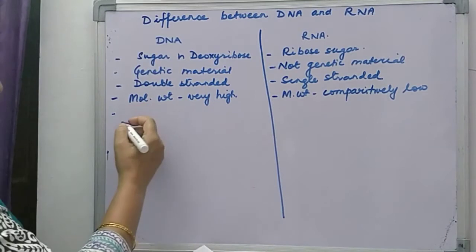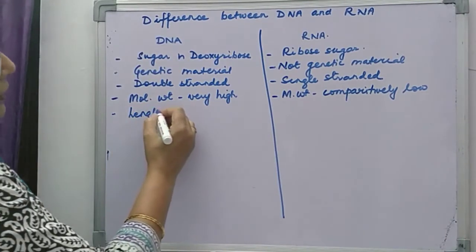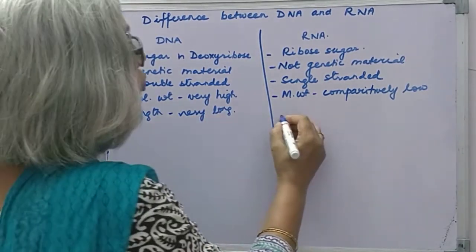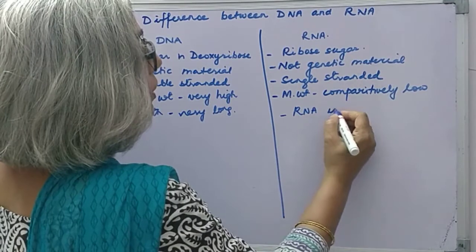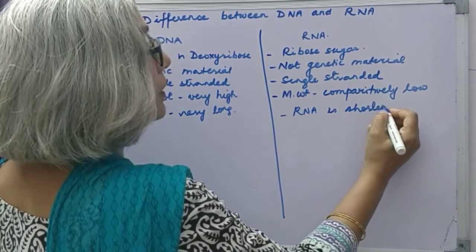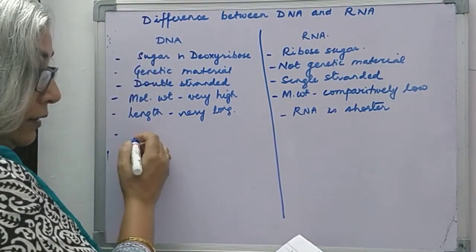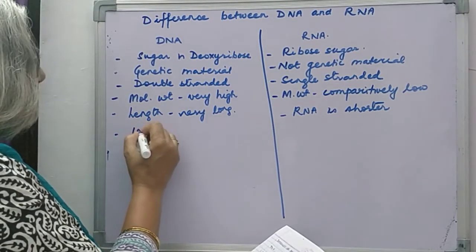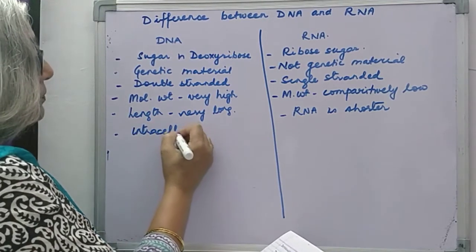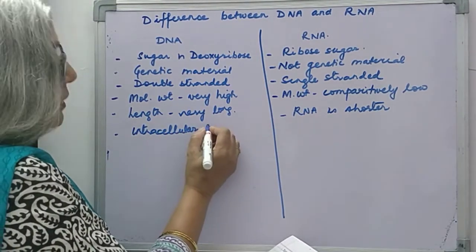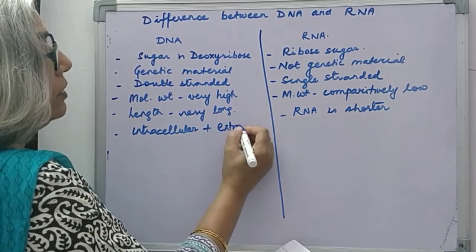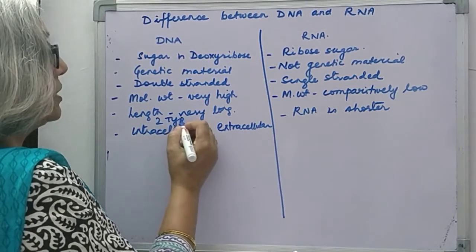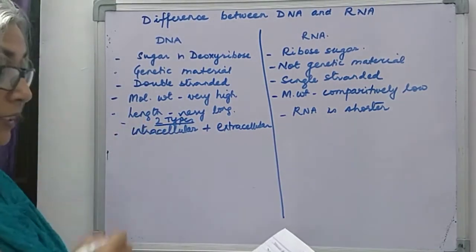Then the length of DNA is very long, whereas RNA is shorter as compared to DNA. Then 2 types of DNA are there: intracellular DNA and extracellular DNA.